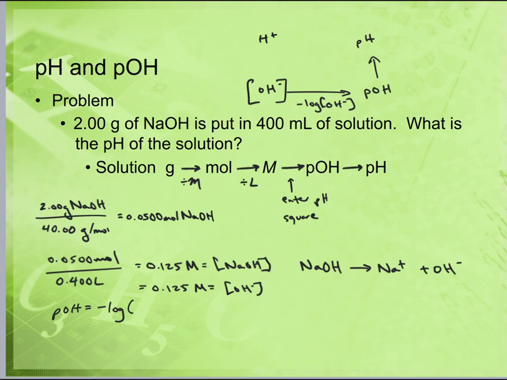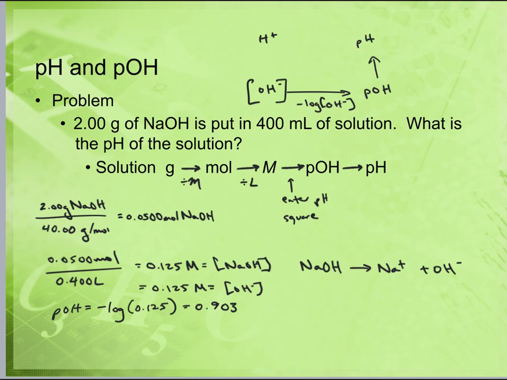So that is 0.125. And when you type this in your calculator, you push the negative sign, then the log key, and then 0.125. And we get 0.903. Okay, and that takes us to this point on the pH square.